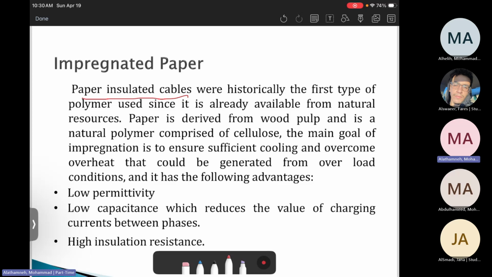Paper is derived from wood pulp, which is a natural polymer comprised of cellulose. The main goal of the impregnation is to ensure sufficient cooling and overcome overheating that could be generated under overload conditions in the cable. Therefore, it must have the following: low permittivity, low capacitance that reduces the value of charging currents, and high insulation resistance.